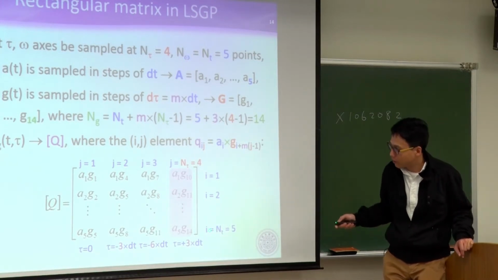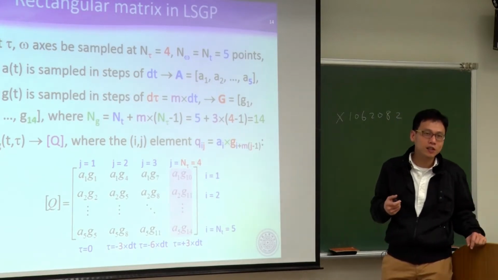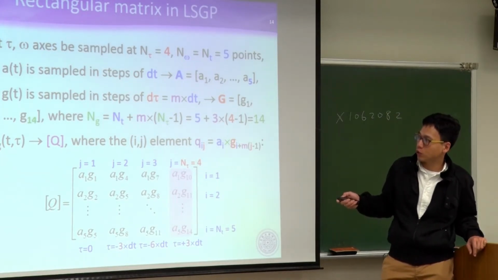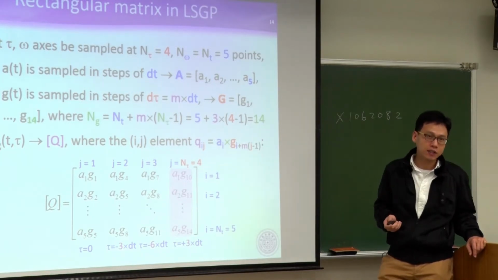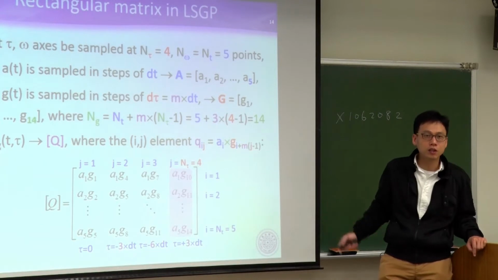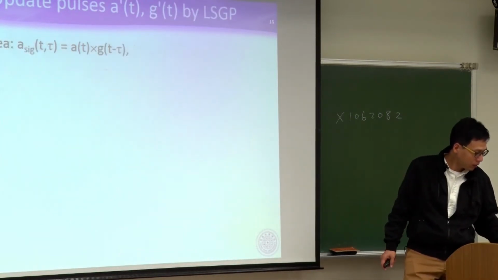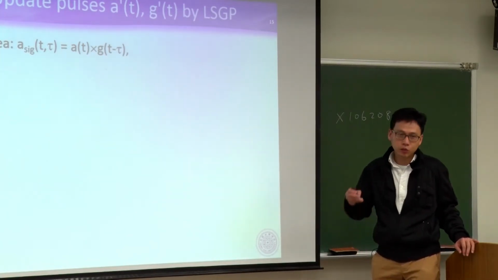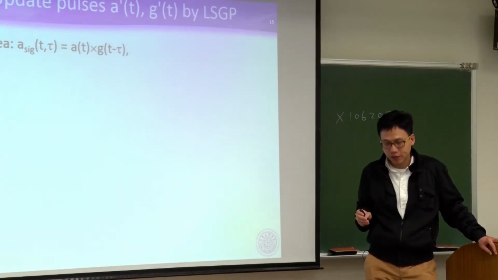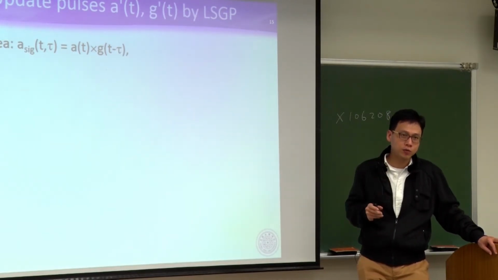So now you have a 5 by 4 matrix, which is the numerical representation of this one, A sub sig. 所以你的 G 呢，其实要用到14点的取样，从 G1 到 G14 才能组出这一个矩阵。OK. Then we can skip all the steps that are similar to PCGP, just focus on something different.